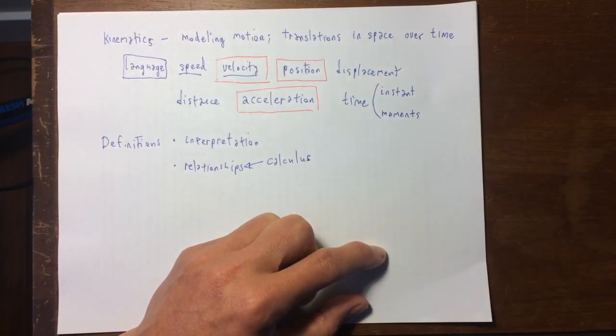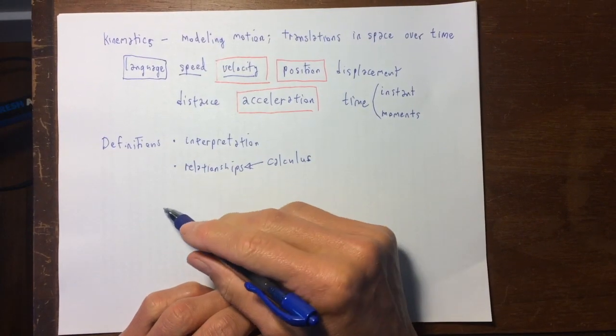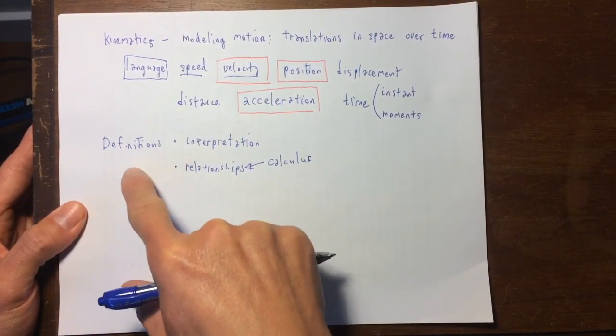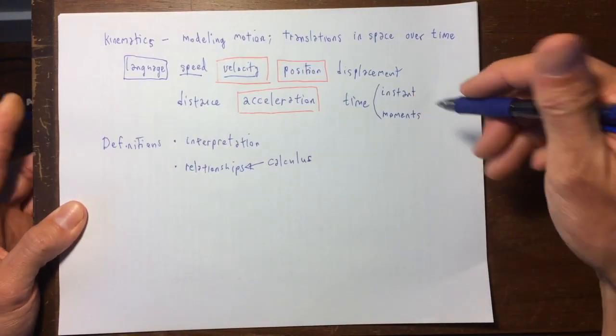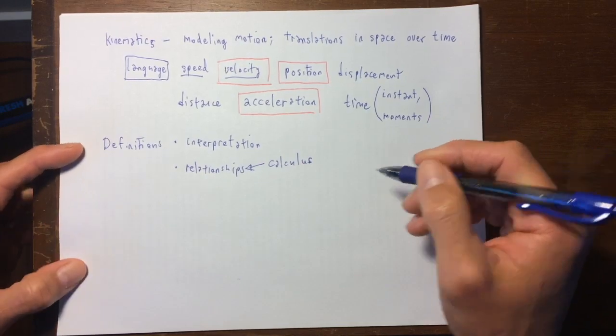I really feel like these are different issues, and I'm going to bring them up right now because I'm going to start off below this definitions line talking about time. So let me put instant versus moments.